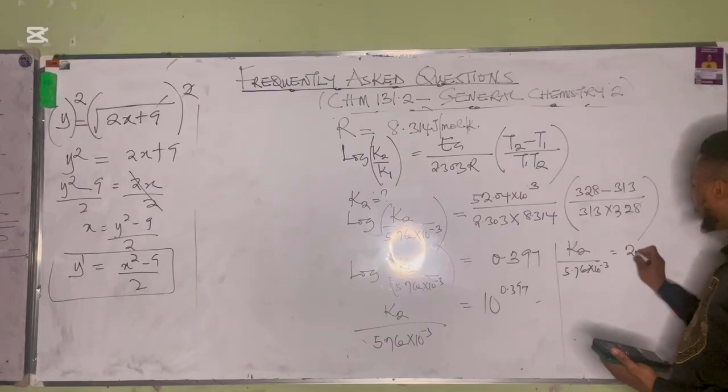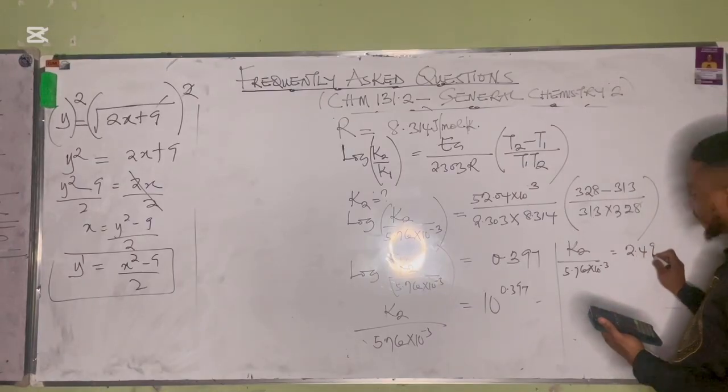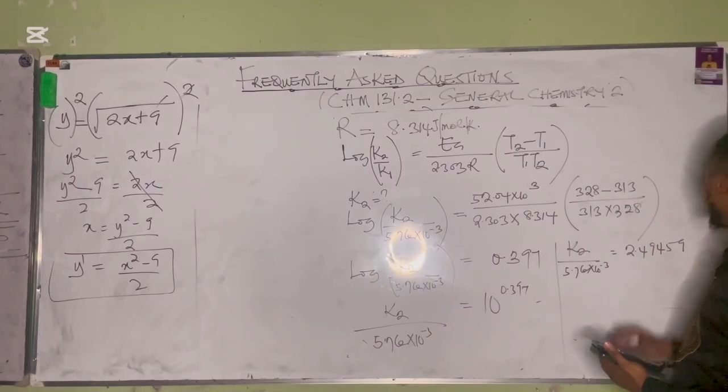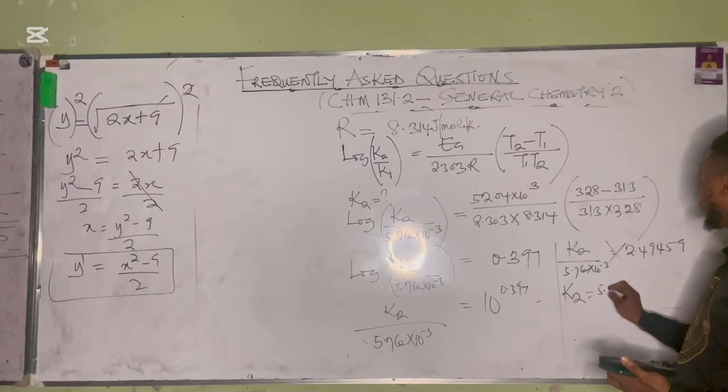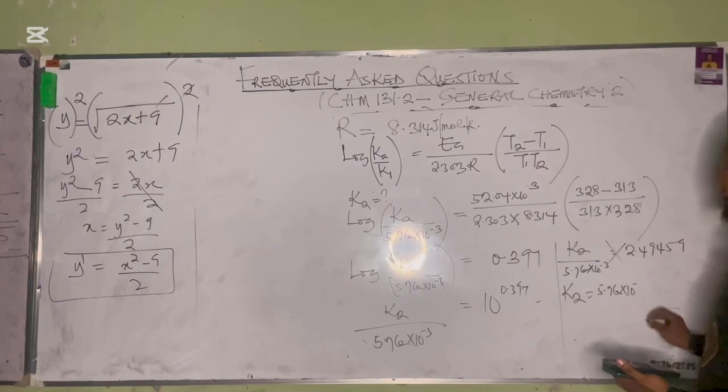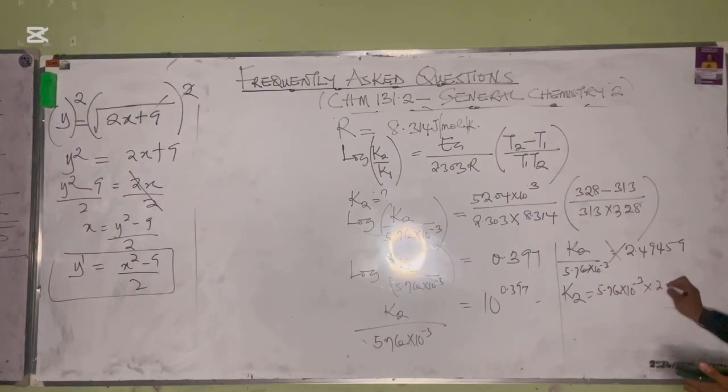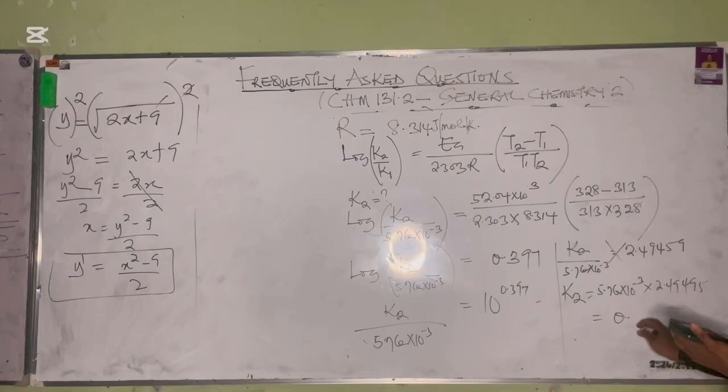All right, so it means that our K2 all over 5.76 times 10 raised to power minus 3 will be equals to 2.49459. All right, so when we cross multiply, K2 will be 5.76 times 10 raised to power minus 3 times 2.49459. So we'll have 0.014.